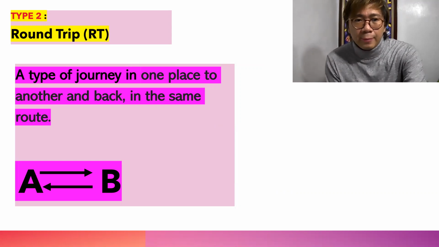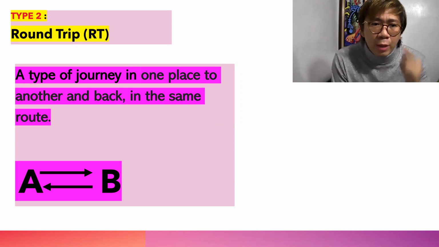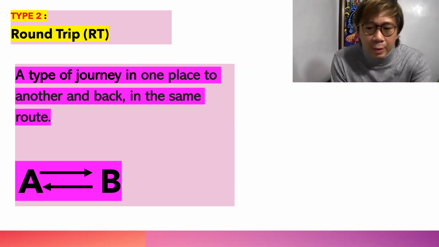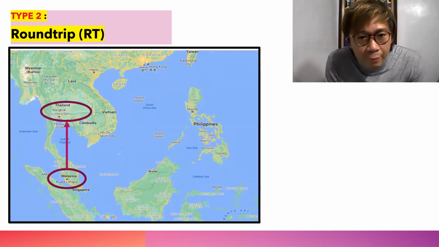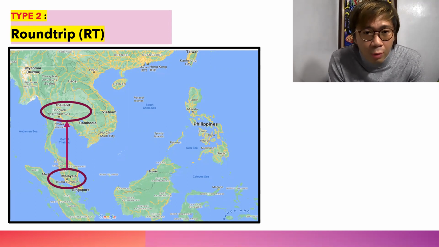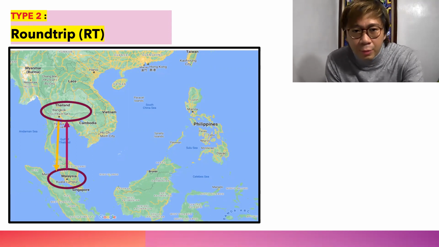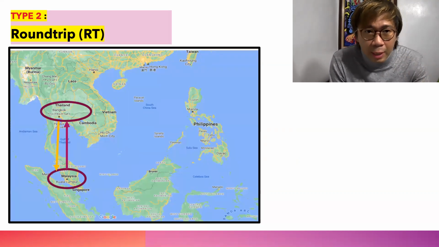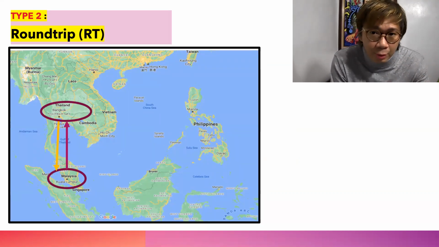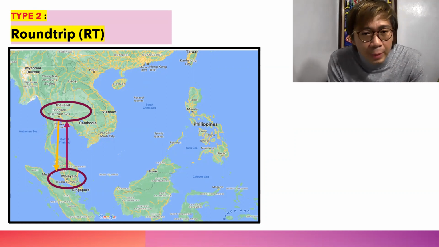Round trip can also be defined this way, notice here in the map. I have the same example again: Kuala Lumpur going to Bangkok. That's one way. Now to make it round trip, you have to have the return trip. It is a round trip because it has a return trip, from Bangkok to Kuala Lumpur.